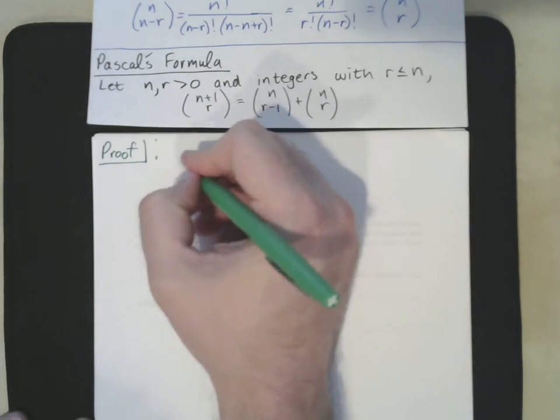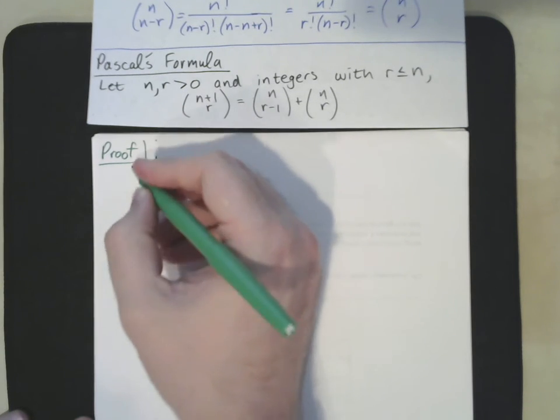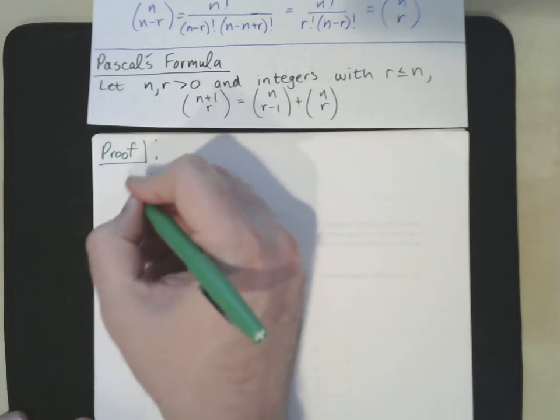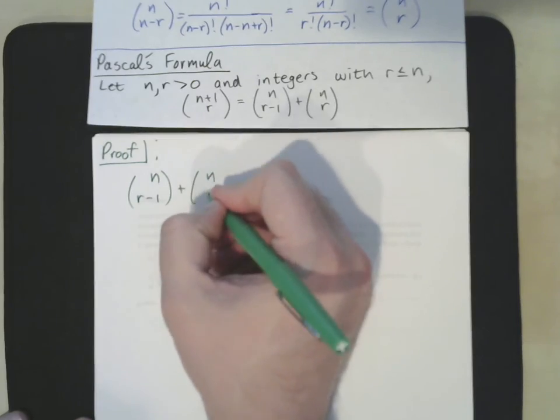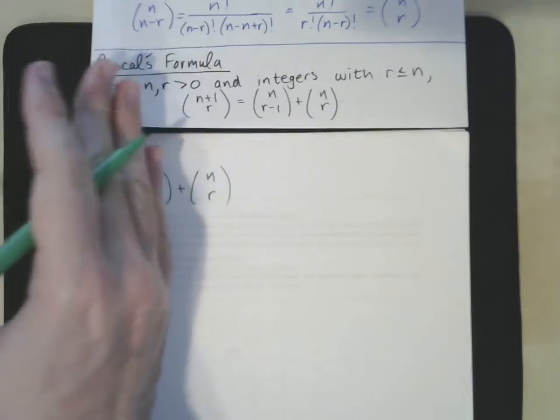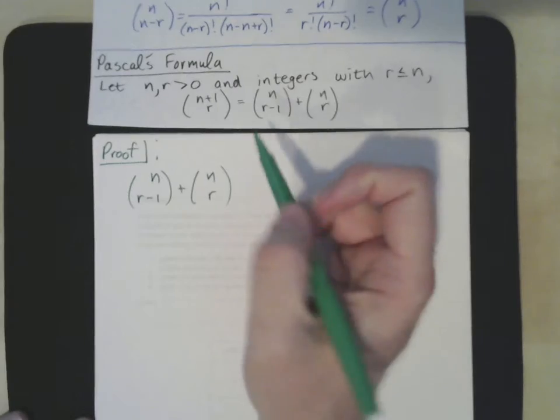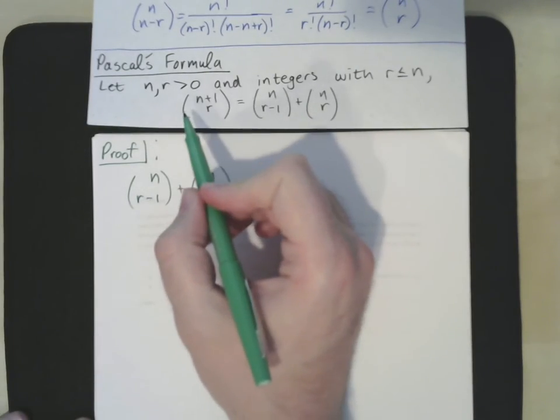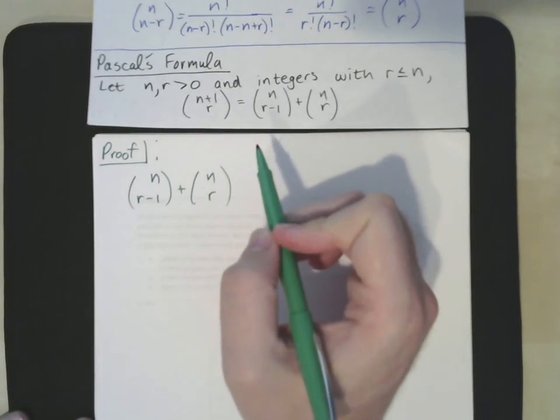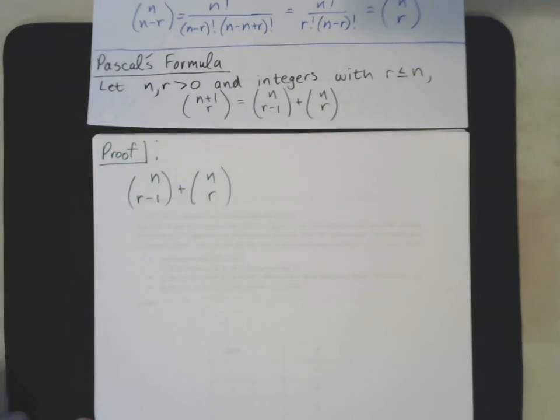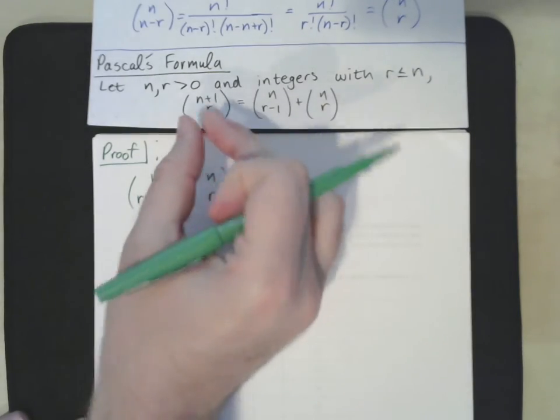So we have n choose r minus 1 plus n choose r. We're going to go from right to left. Since it's an equality, we get to pick. And this way we know what this needs to look like. This has more information to work with and more things to reduce. So it'll be a lot easier to condense this than it would be to expand the other one.